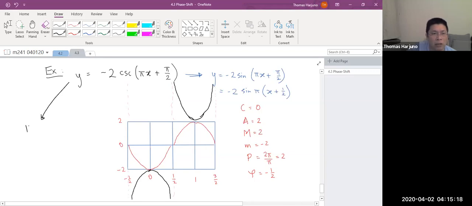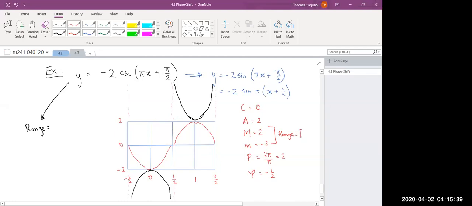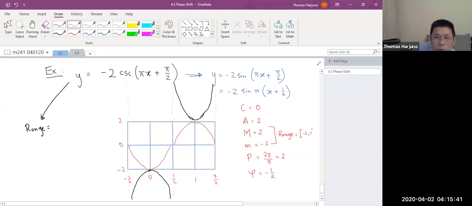Now from here, we can also see what the range of this cosecant is. What is the range for the sine version? Negative 2 up to 2.